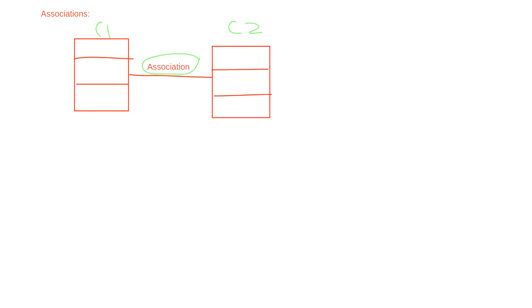These symbols indicate the number of instances of one class linked to one instance of the other class. For example, you have a class 1 here and a class 2 here. Here I put star or infinity, according to Dr. Abbas, both are the same, and here I show one. These symbols, star and one, indicate the number of instances of one class linked to one instance of the other class.